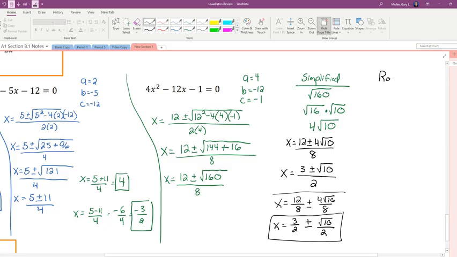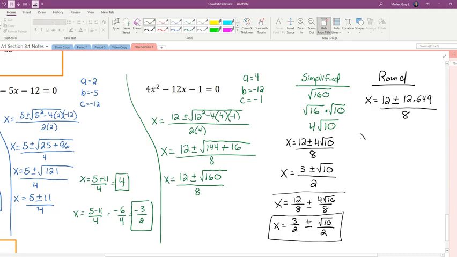If you're going to round your answer, then that's fine. So then we're just going to turn it into x equals 12 plus or minus the square root of 160 on our calculator, which is 12.649, and that is divided by 8.